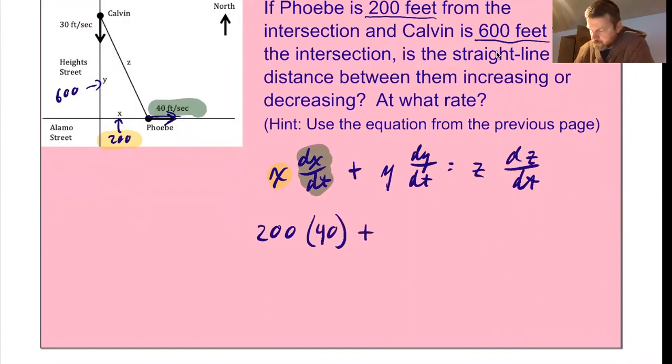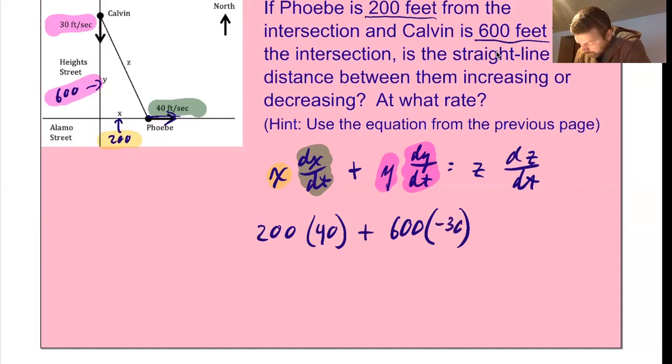Plus, we know y. y is 600 feet. Times, we also know dy/dt. dy/dt is 30 feet per second, but negative, remember, because y is shrinking. So negative 30. I think I'm going to make these color codes match.